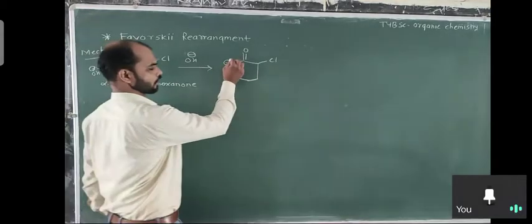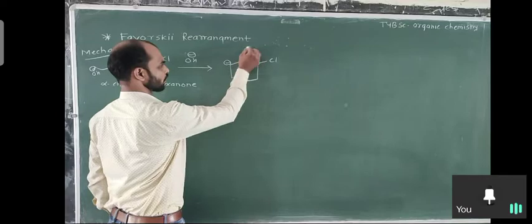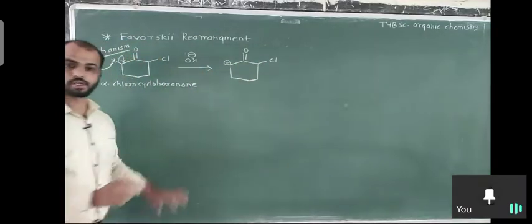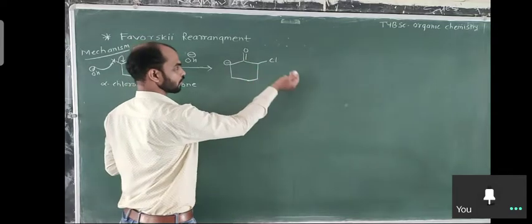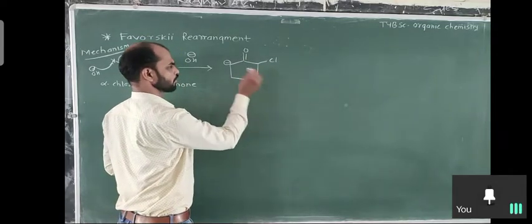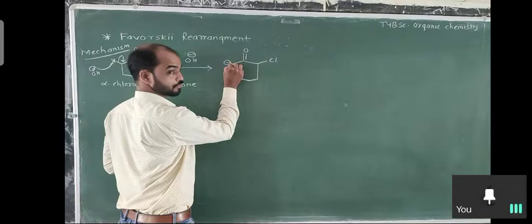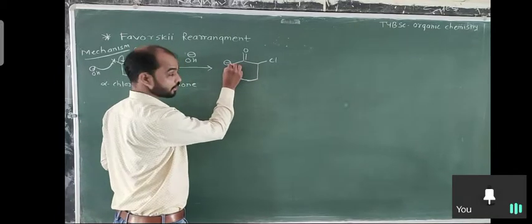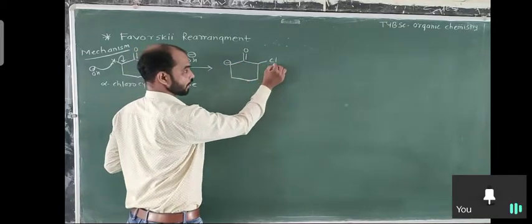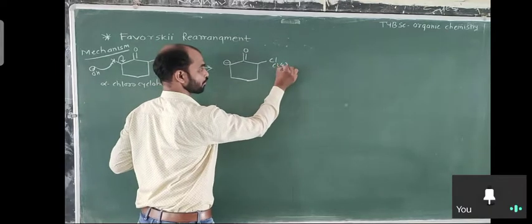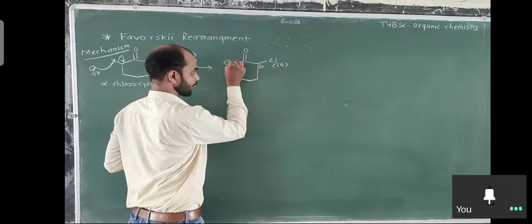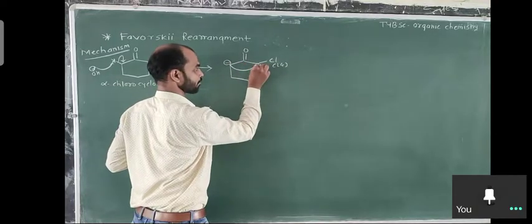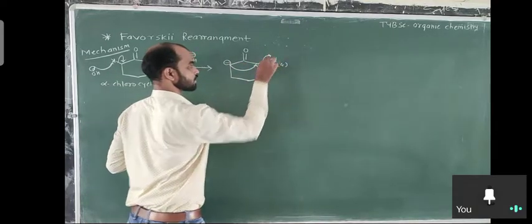So there is abstraction of a proton and formation of a carbanion, and as you all know there is delocalization, meaning it is an enolate form. You can draw the enolate form or do it directly. This negative carbon is a nucleophile. The carbon having the halogen has the leaving group and a partially positive character. That's why the negative carbon will attack here and Cl minus is lost.